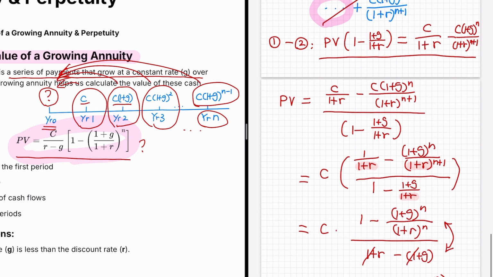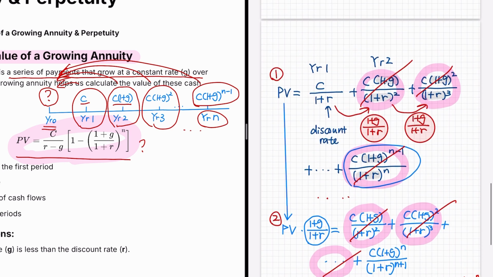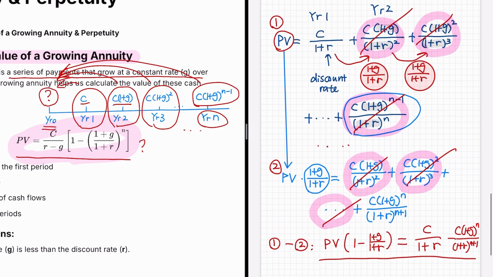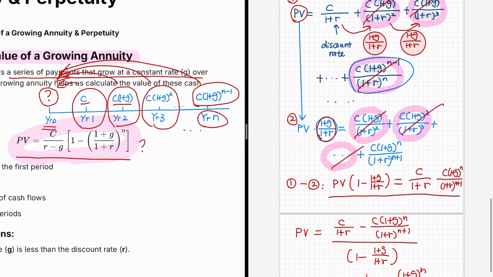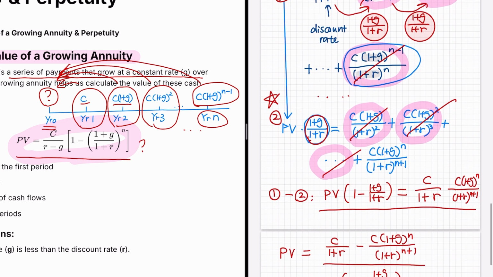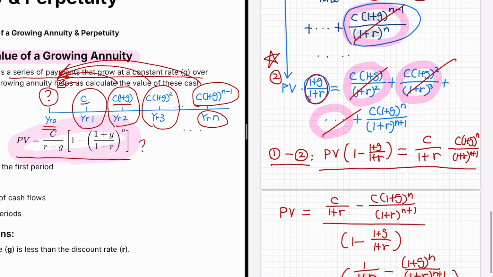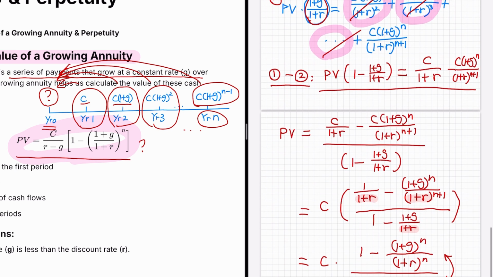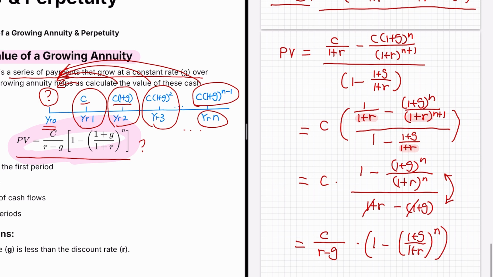So let's have a really quick recap. We first write an expression of PV, and then we multiply the common ratio on both sides. And so we'll get the same terms on the first formula and the second formula. Then we use first formula minus second formula to simplify this equation, and then we can find a simplified version of present value.